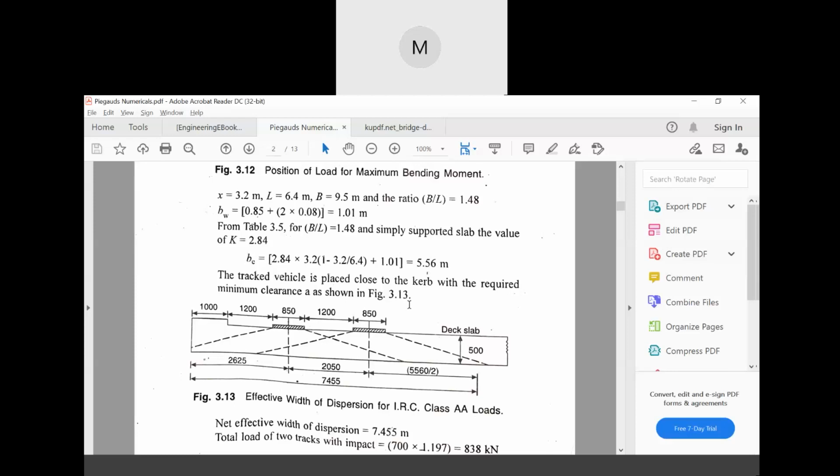This effective length thing is clear, I think, for every one of you. So let us stop it here.